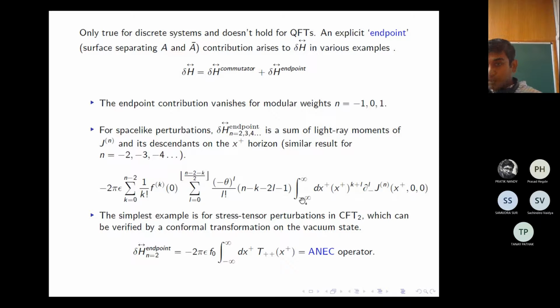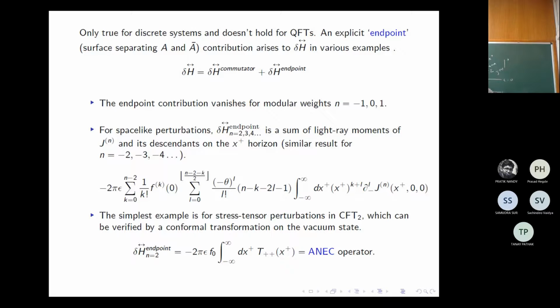Let me explain. Suppose you perturb the state with some operator Jn along some space-like slice. The endpoint contribution becomes a sum over K and over L. The L sum depends on n and K, and the K sum depends on n. For L equal to 0, you take the operator Jn with which you perturb and integrate it over the x plus horizon.